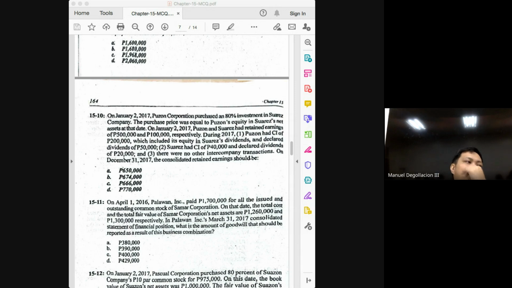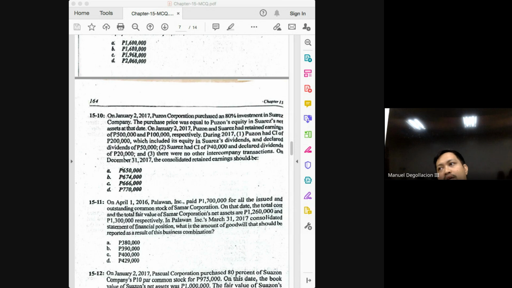So again, what is our second solution for ending RE, class? RE of the parent plus share of the parent in the undistributed earnings of the subsidiary. You follow? And that solution, class, also works even at the date of acquisition. How much is the RE of the parent at the date of acquisition, class? 500,000. How much will be the undistributed earnings of the subsidiary at the date of acquisition? Always 0.